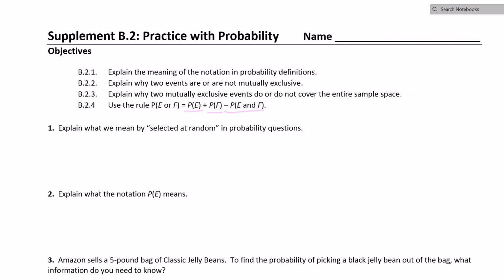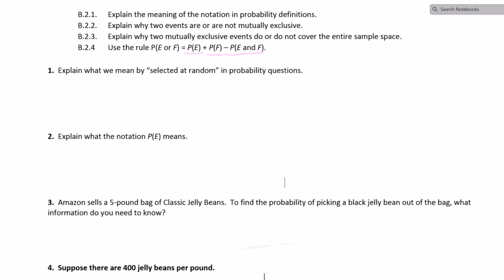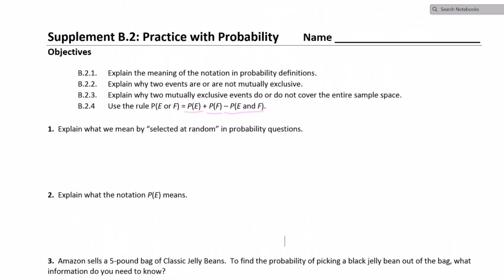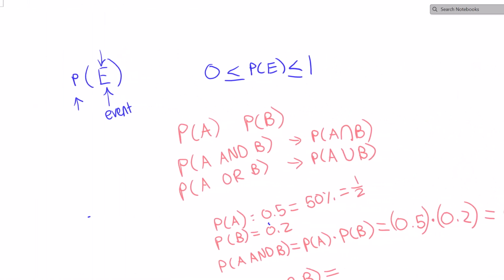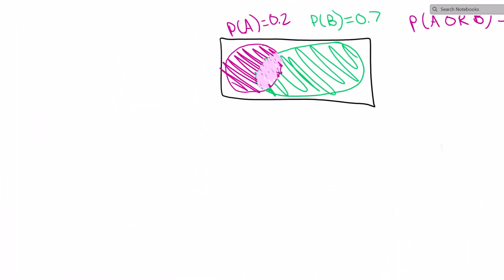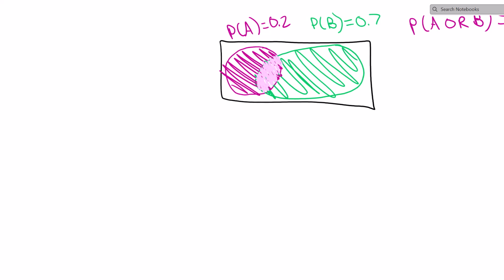Okay, and then there's this idea of mutually exclusive events in an entire sample space. I really like using those Venn diagrams. I think it makes the concepts clear. Mathematically, we might talk about it a little differently than geometrically or with the Venn diagrams. But let's give an example again, looking at this whole space.